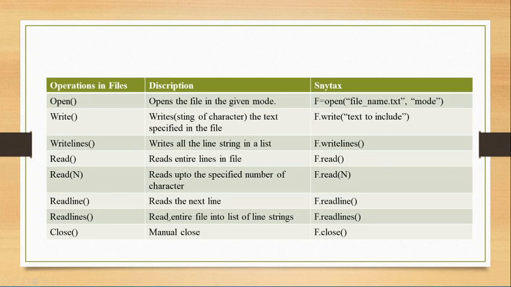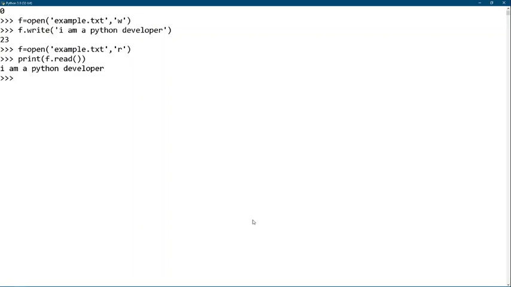The readline method reads the next line, whereas readlines reads the entire file into a list of lines. All the lines which are in the file will be read by the readlines method but printed in the form of a list. I'll write one more line to it so that I can explain.